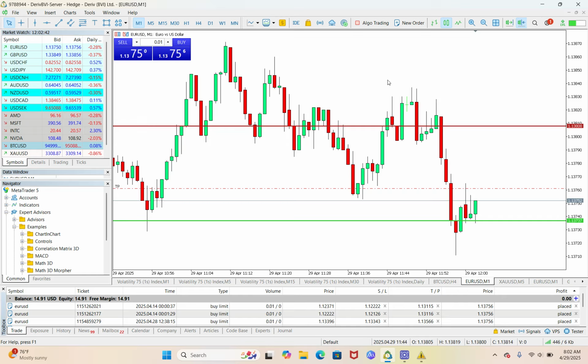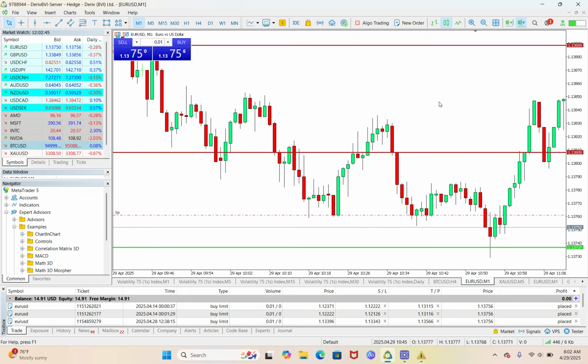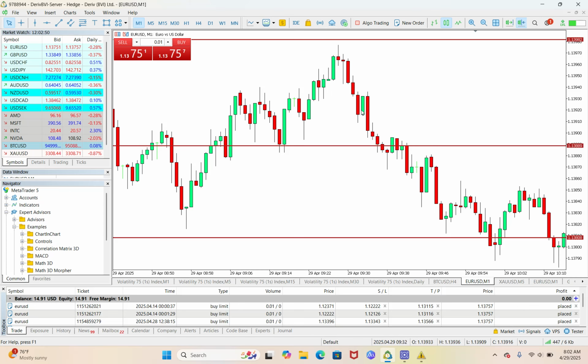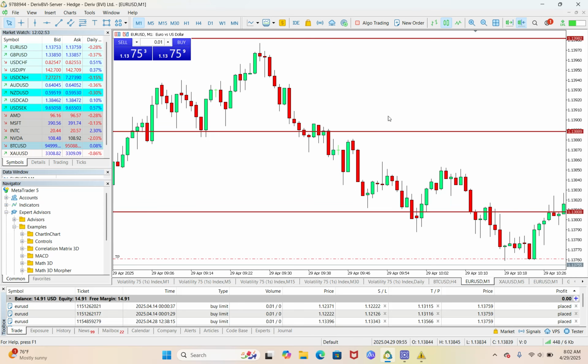What we are looking for are areas like this where the market leaves a structure looking like this with strong bearish pressure to the downside, which is signaling that if the market comes back to this area, chances are more sellers might be in this area to push the market down again.